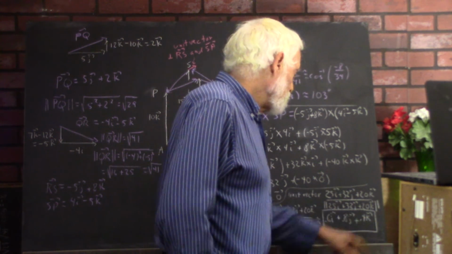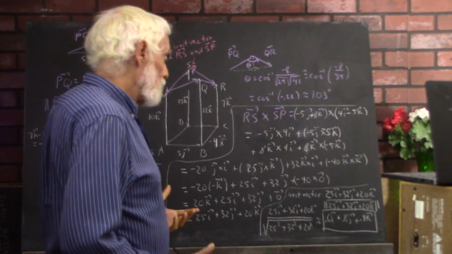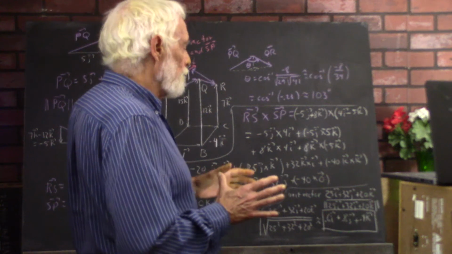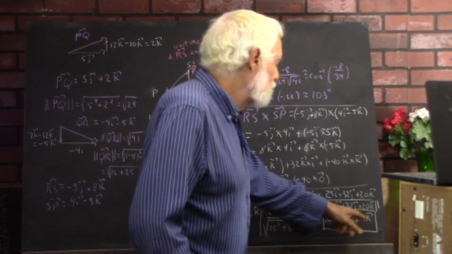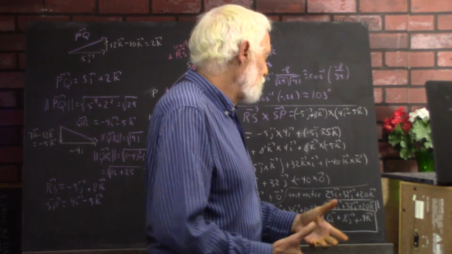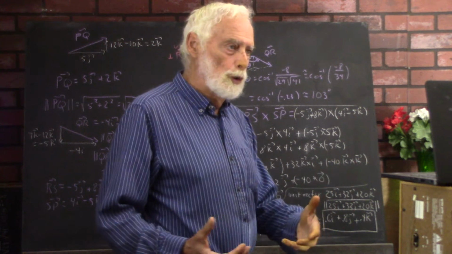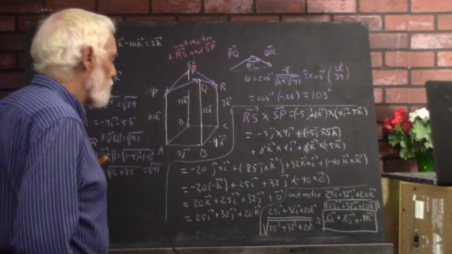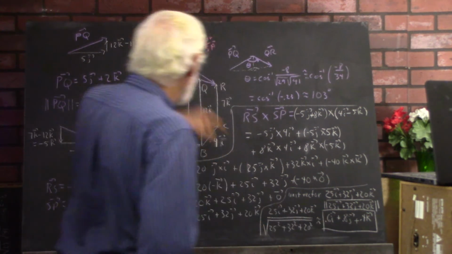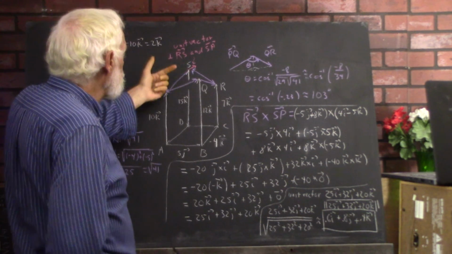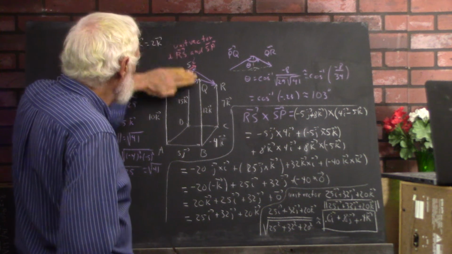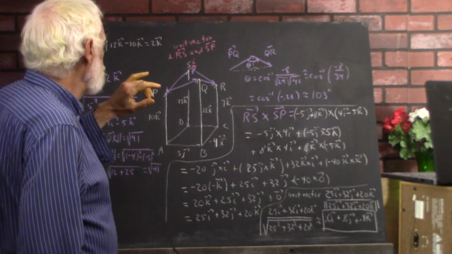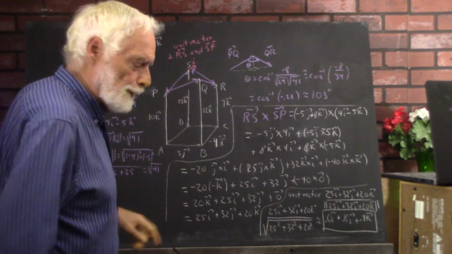If you do it with complete accuracy, of course, you're not going to be able to express it as a decimal number, but the more significant figures you figure this out to, the closer your sum of the squares of magnitudes is going to be to 1, so that its square root will be close to 1. Okay, so anyhow, here's the unit vector, and this unit vector is perpendicular to the plane of the vectors RS and SP, and this is a big deal.